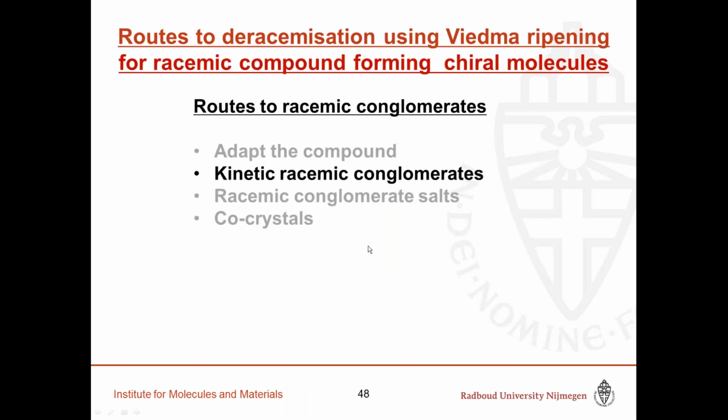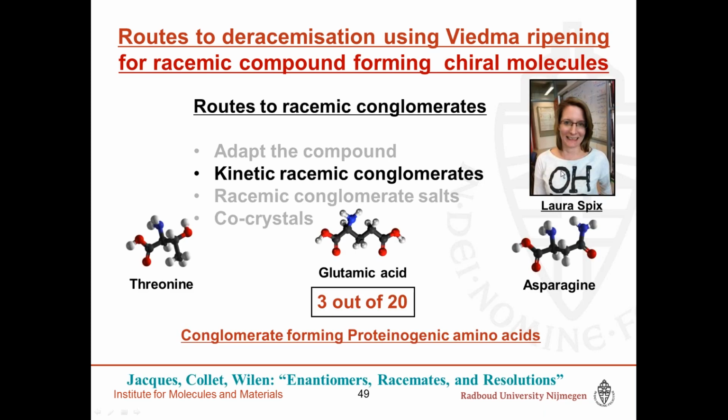Now you can also use kinetic racemic conglomerates. What I showed you before in the last slide was a kinetic racemic compound. And the case of racemic conglomerates was found by Laura Speaks, another PhD student in those days in our group. She wanted to use Viedma ripening on proteinogenic amino acids.